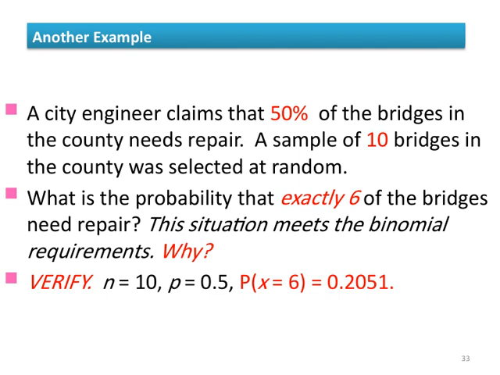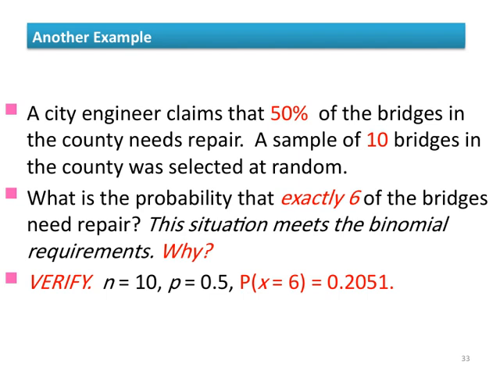This situation fits the binomial distribution criteria because we have a fixed number of trials, 10 bridges, and each trial has only 2 possible outcomes: needs repair or doesn't need repair. Also, the probability remains constant at 0.5 for each bridge, and the trials are independent. So, when we verify the calculations, we find that n equals 10, p equals 0.5, and the probability that exactly 6 bridges need repair is approximately 0.2051.